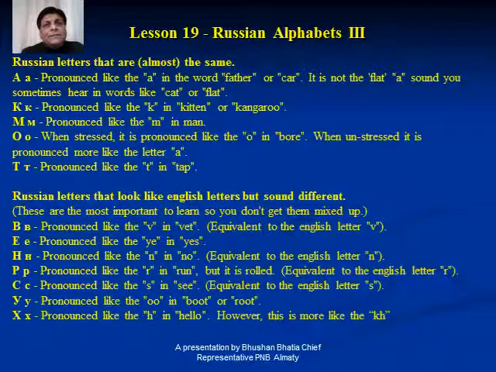Now we are coming to the Russian letters which are almost the same in meaning also, like A. It is produced like A, and in usage also it is like father, car, but it is not giving a sound like in flat.